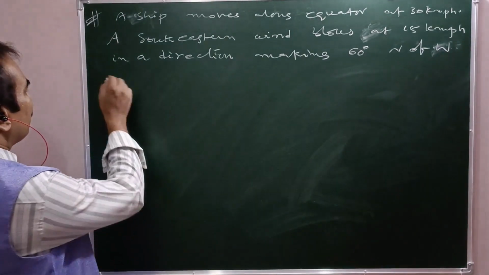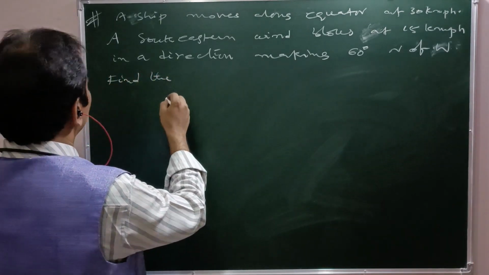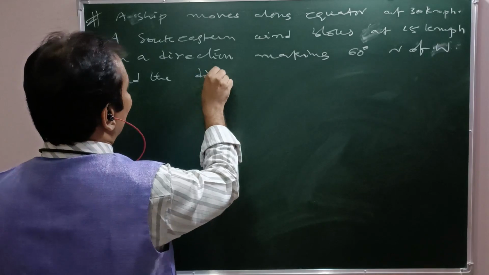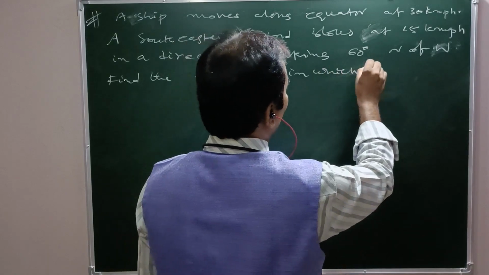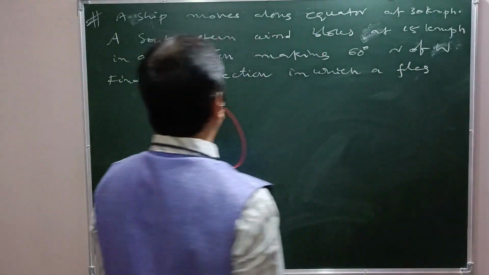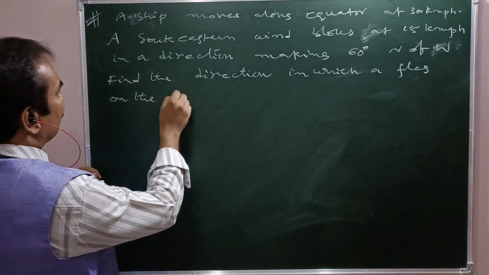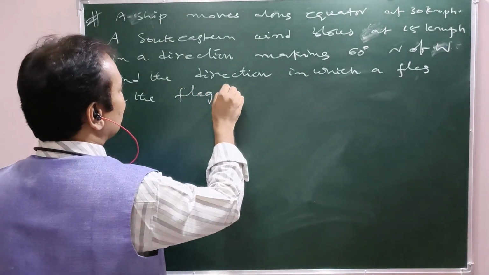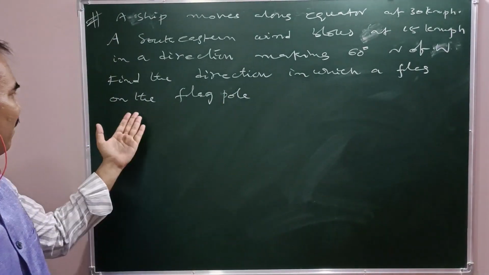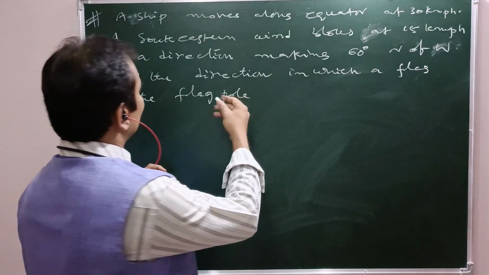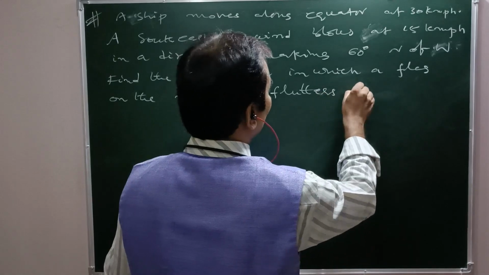Now the question is: find the direction in which a flag on the flag post, or flag pole, flutters due to this wind.